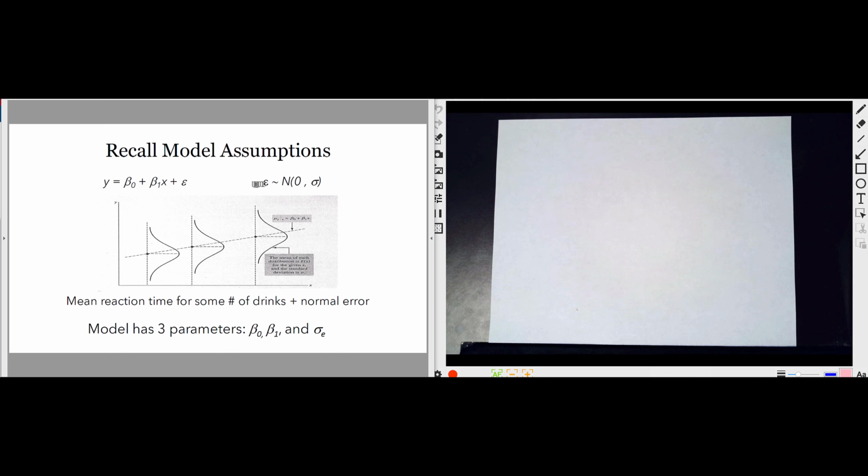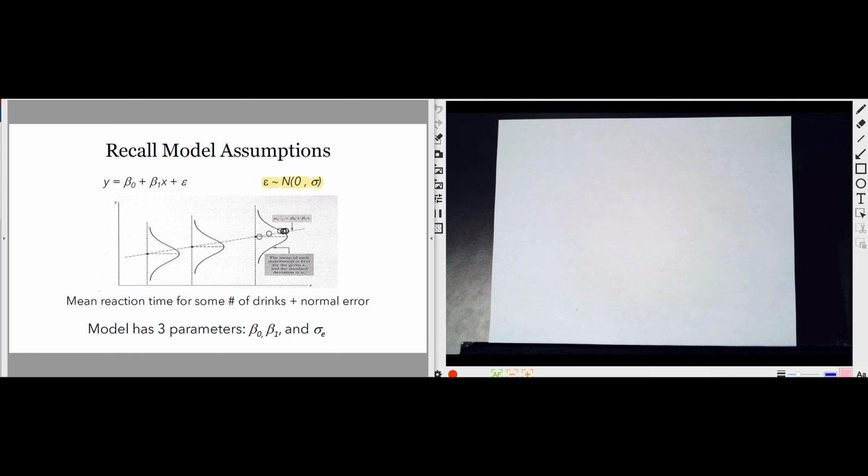We're assuming, as I said, that these epsilons are distributed normally with a mean of 0 around that regression line and some standard deviation that is the same for each possible value of x. So in other words, these normal distributions of the errors around the regression line for each value of x are identical.